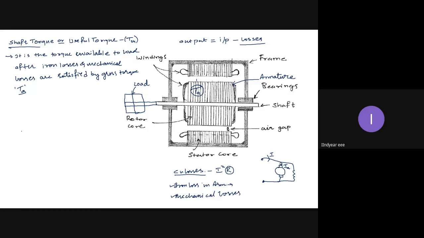So what is shaft torque now? This indicates shaft torque TSH is lesser than armature torque TA by the amount of armature losses.